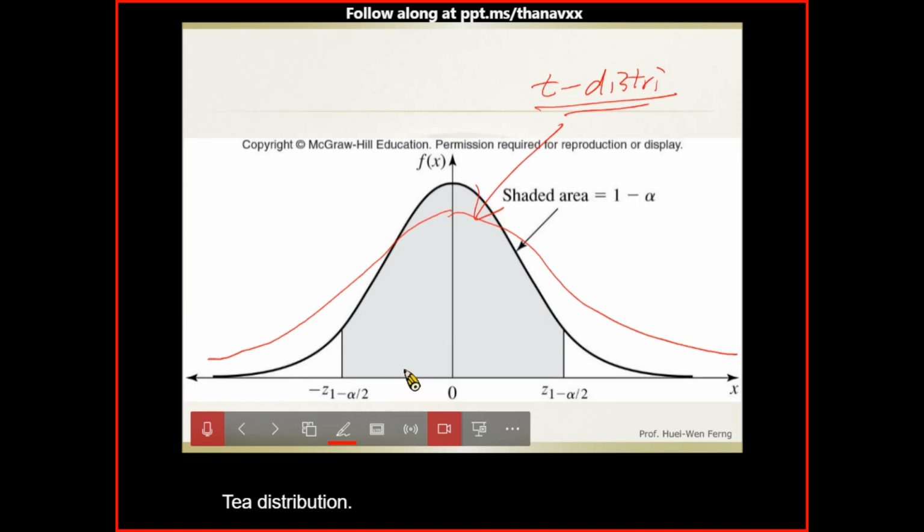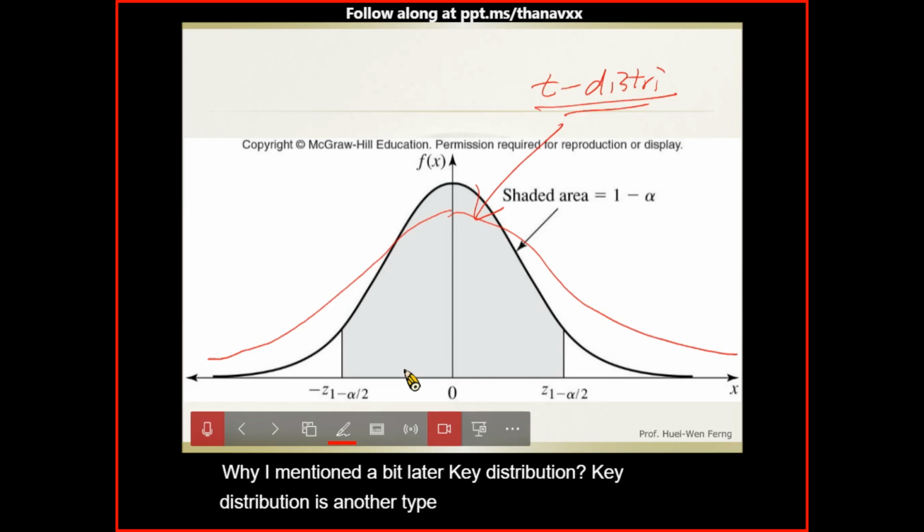The T distribution is actually a bit flatter. So a bit flatter T distribution. Why did I mention a bit flatter T distribution? The T distribution is another type of distribution, another type of PDF.